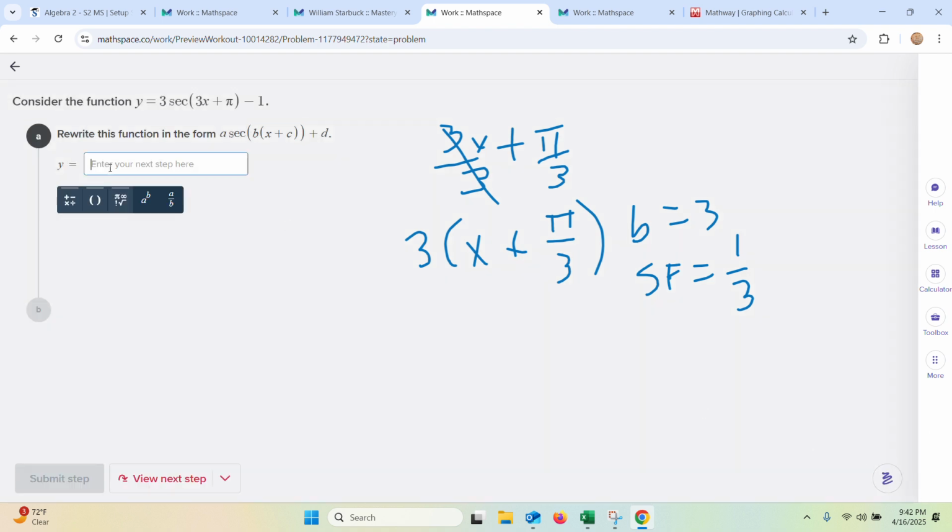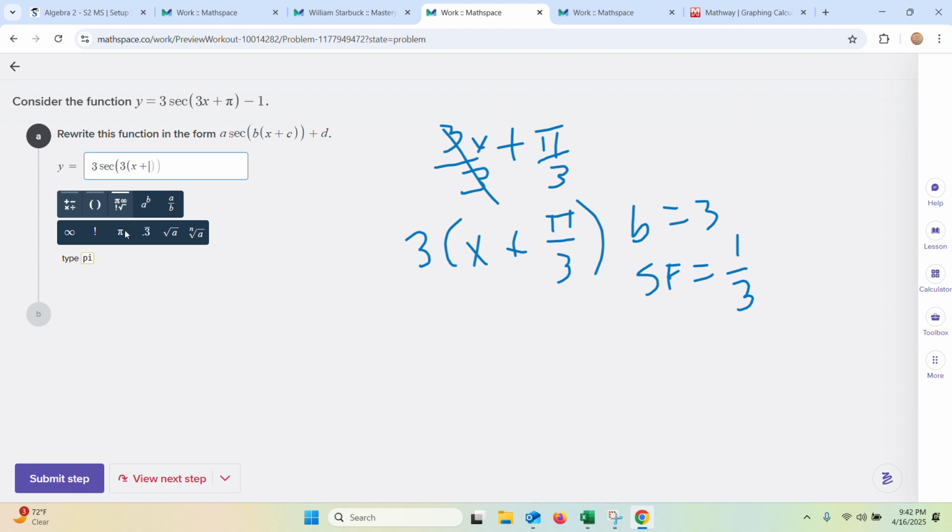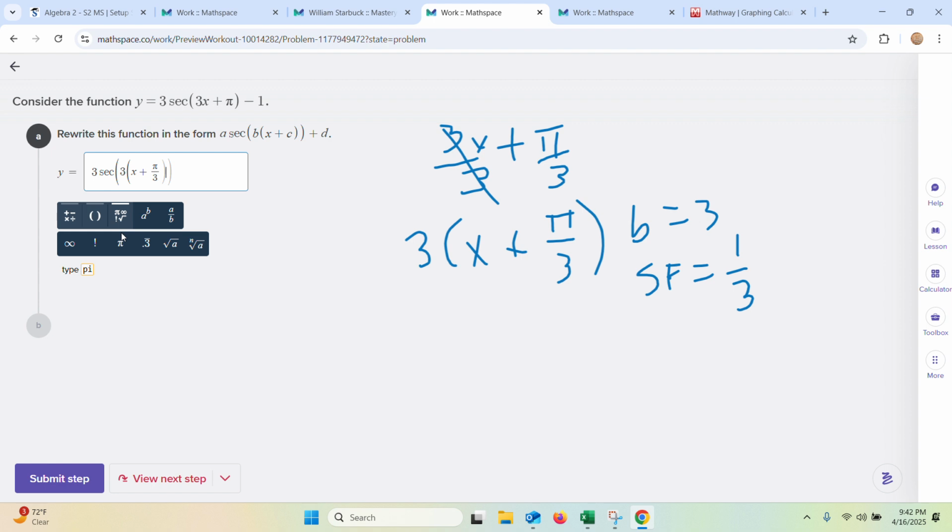Okay, so first of all, let's write this equation. 3 secant parenthesis 3 parenthesis x plus pi over 3 close minus 1.